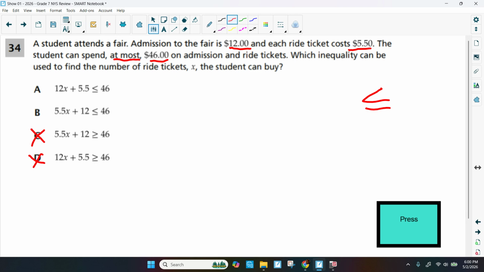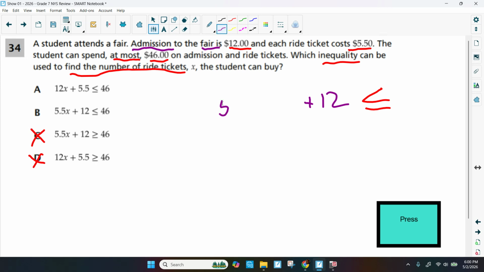So they want to know which inequality can be used to find the number of ride tickets X a student can buy. Well, I know they have to go into the fair, so it costs them $12. So I know I have to pay $12. Each ride, one ride is going to cost $5.50.